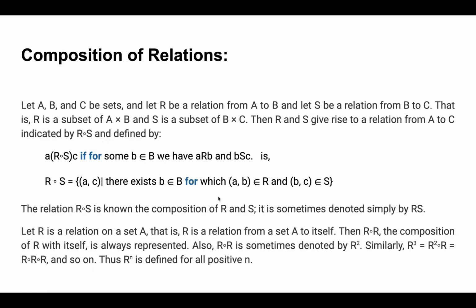Next part, again a very important part, is composition of relations. 2 relations will be there, 2 sets will be there, and composition of relations is to be performed. And again some rules are there regarding that. Let A, B, and C be sets.